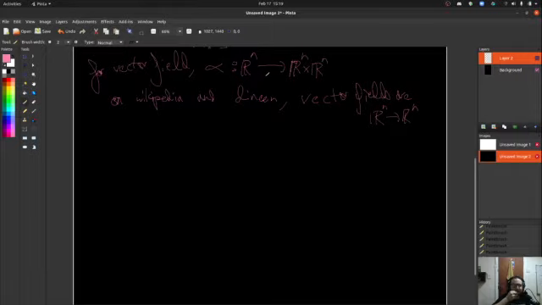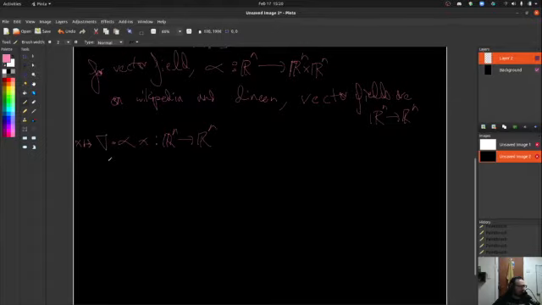But let's think about what nabla dot alpha would be when alpha is a vector field. So this is what the divergence would be. Well, this is really going to be a function that takes some x in Rn and lands it in Rn. But it's a dot product. So what does that mean?